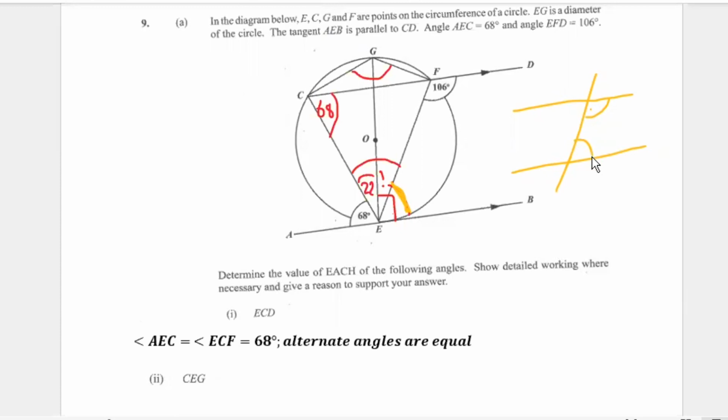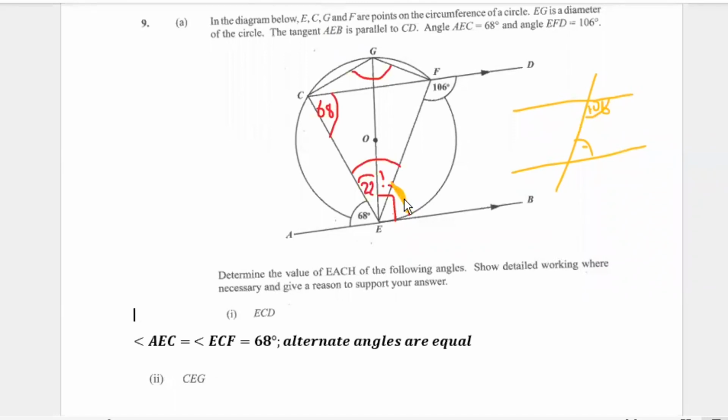What will be this angle? 106. No. Go again.